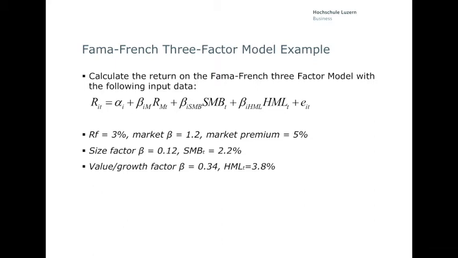As we have previously seen, using this formula and given the following input data, with a risk-free rate of 3%, a market beta of 1.2 and a market premium of 5%, adding as well the size factor beta of 0.12 and the SMB equal to 2.2%, and the last addition is the value-growth factor beta equal to 0.34 and HML equal to 3.8%. The result is 10.56%.